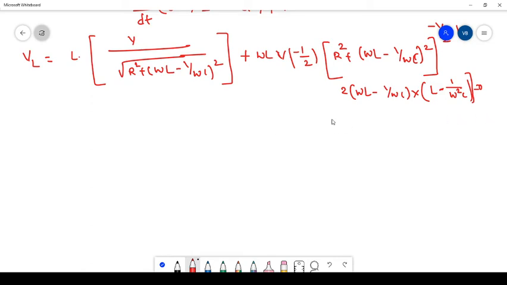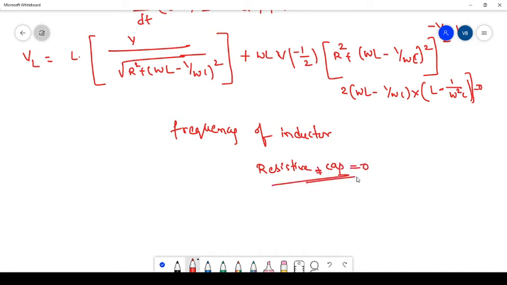Here we are going to calculate the frequency of the inductor. So for the frequency of the inductor, all other components will become 0. What are the other components here? The resistive term as well as the capacitive term. We should equate those to 0.